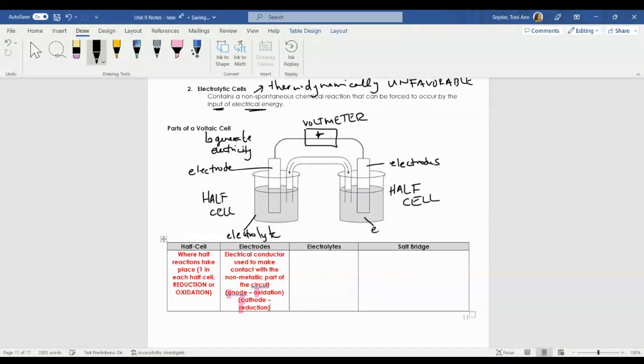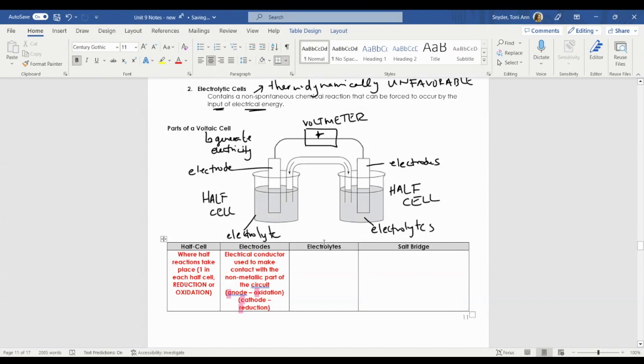Now, if you remember from a long time ago, electrolytes conduct electricity very well. Why? Because electrolytes have to have ions that exist in them. So I tend to have very soluble salts as electrolytes. And we'll talk more about what types of salts are best for specific voltaic cells.